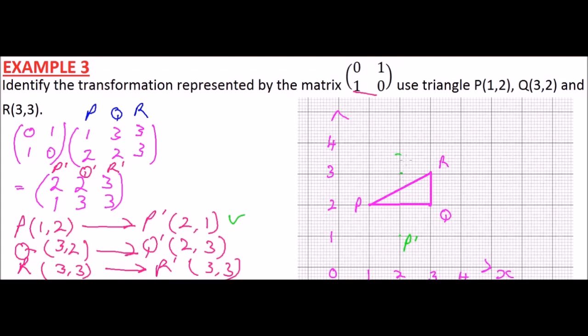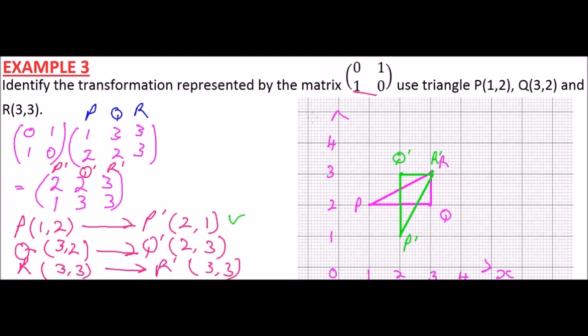So that's our Q prime. And then we have our R prime, which is 3, 3, so R prime is in the same place as R. We join the 3 points so that we get our triangle. That is the triangle that you get from our images, P prime Q prime R prime.